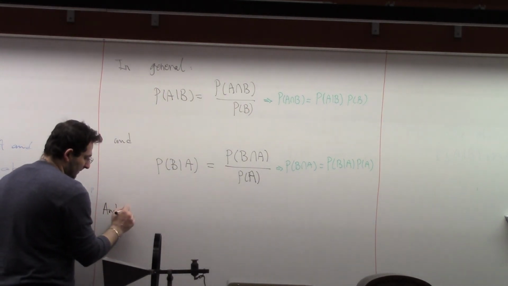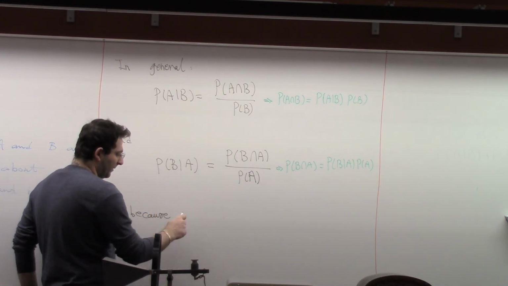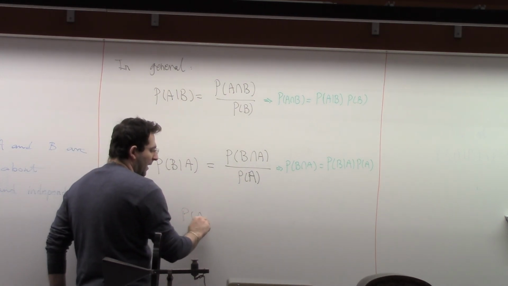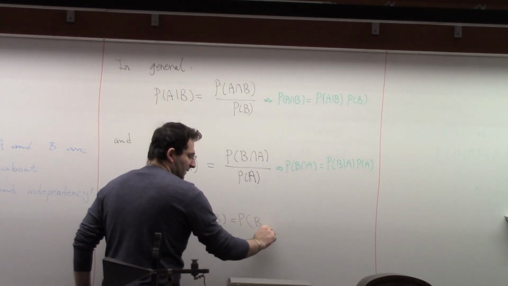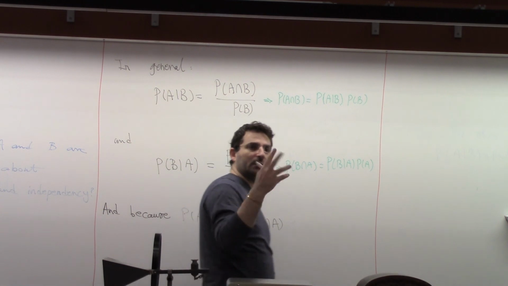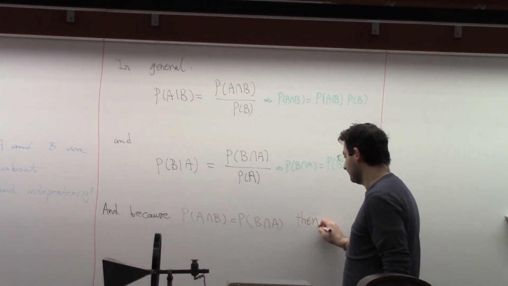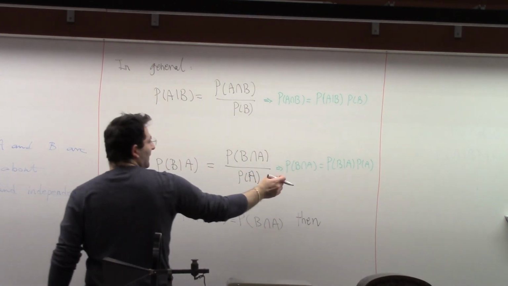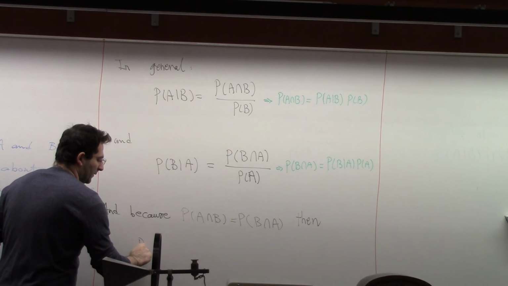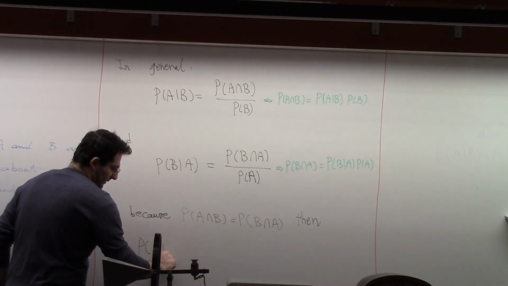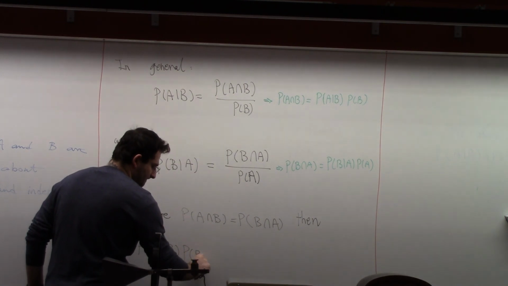And because the probability of A intersected with B is equal to the probability of B intersected with A, we can interchange A and B. It means that the left sides of these two equations are the same, so the right sides of them are also the same.